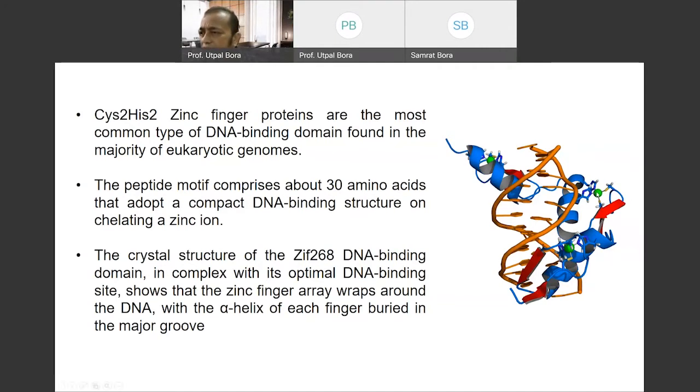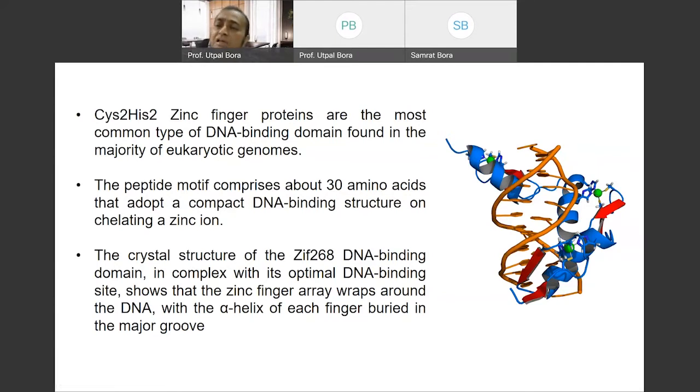You can see in the figure the greenish spheres, which are holding the whole structure. There are a whole lot of interactions going on, which are held in place by these zinc ions.